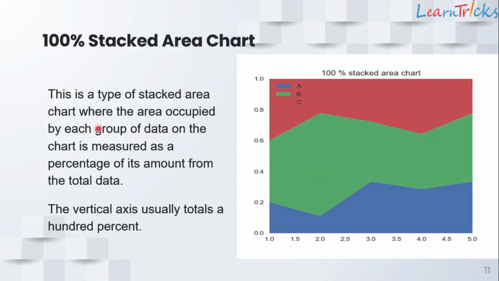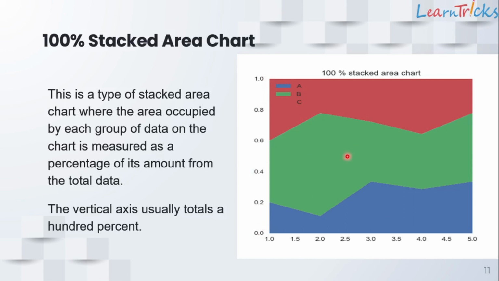In this type of stacked area chart, the area occupied by each group of data on the chart is measured as a percentage of its amount from the total data, and the vertical axis usually totals 100%. Means in a 100% stacked area chart, on the x-axis there will be a time span or duration, and on the y-axis the maximum value will be 1 or 100%.